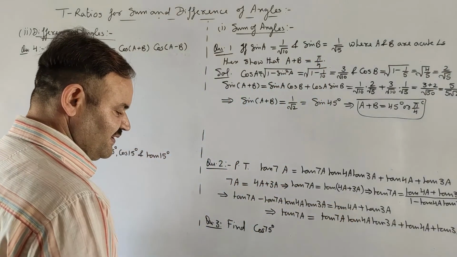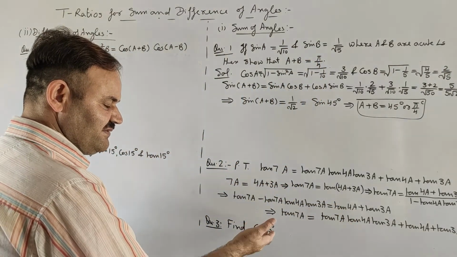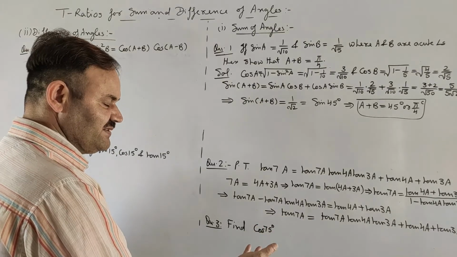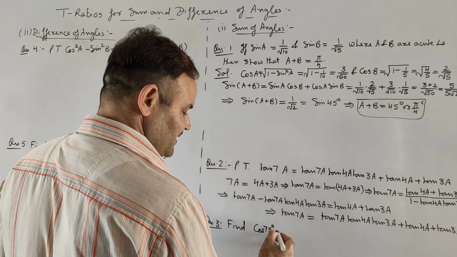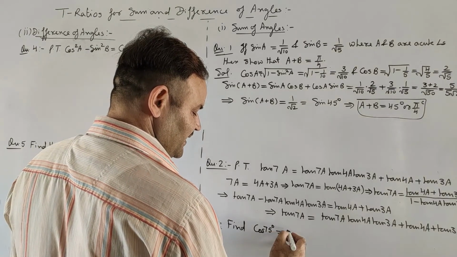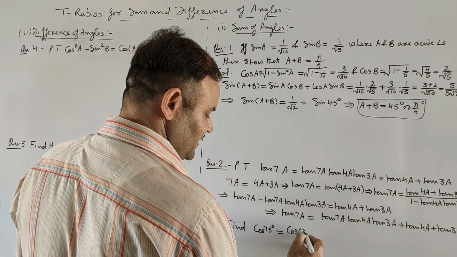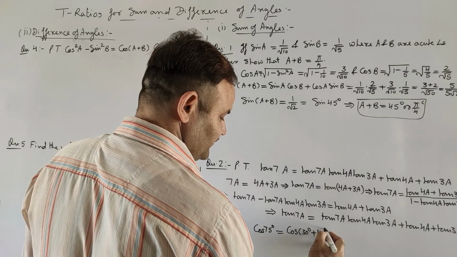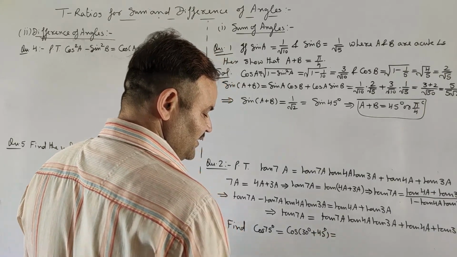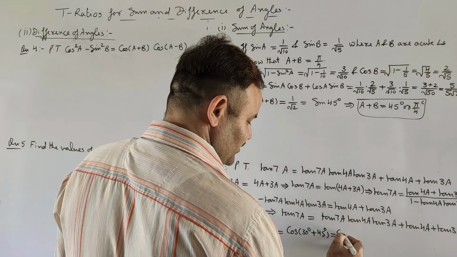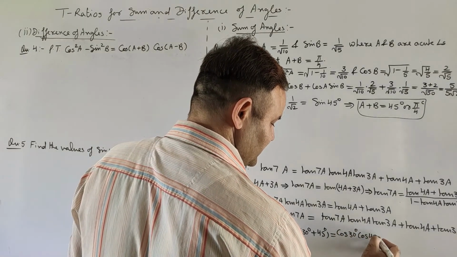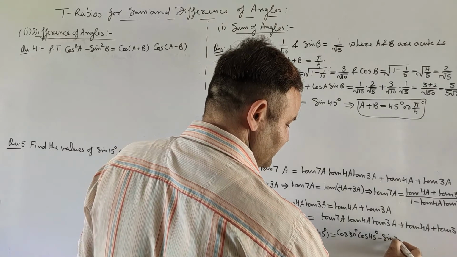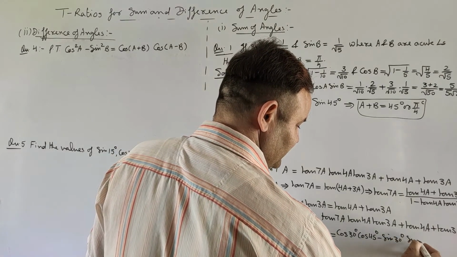Now we can find the values of sin 75 degree, cos 75 degree, tan 75 degree using the formula of sum of two angles. Say cos 75 we have to find, then it will become cos of 30 degree plus 45 degree, and cos(a plus b) is cos a cos b minus sin a sin b, that is cos 30 cos 45 minus sin 30 sin 45.